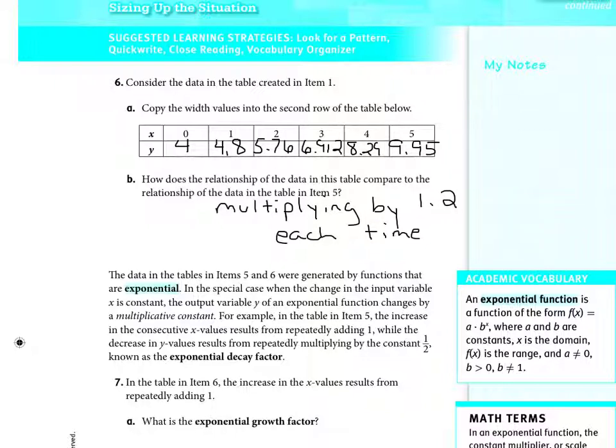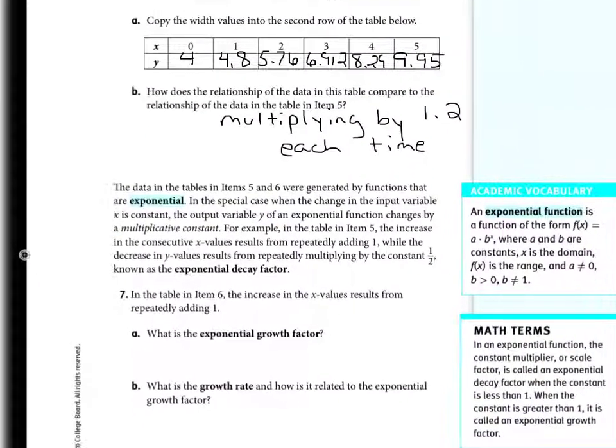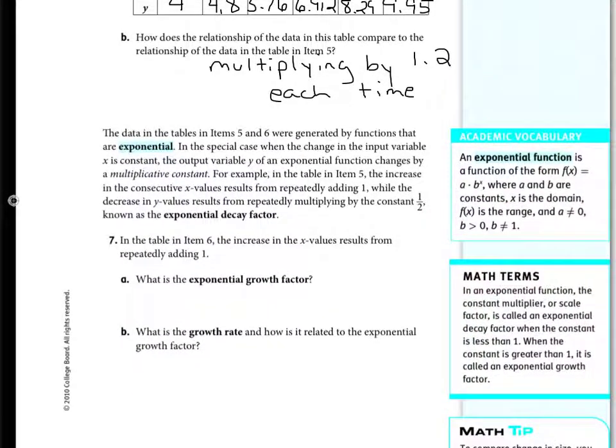When you're multiplying by the same thing each time, what we end up with is an exponential function. Whatever we're multiplying by is considered our exponential factor.